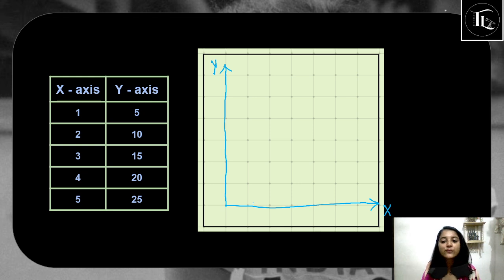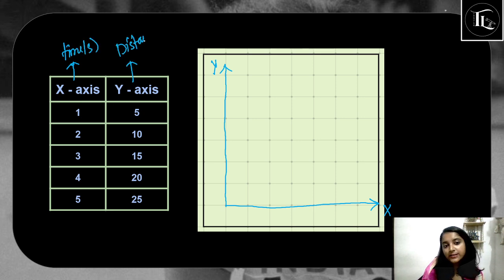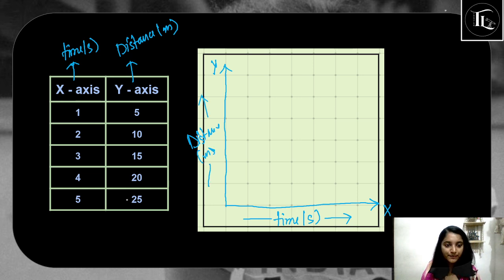Now it's not specified what these quantities are. Let us say x represents time in seconds and y represents distance in meters, right? So you will write here time in brackets seconds, and on this side it will be distance in meters. You have to mention the units.